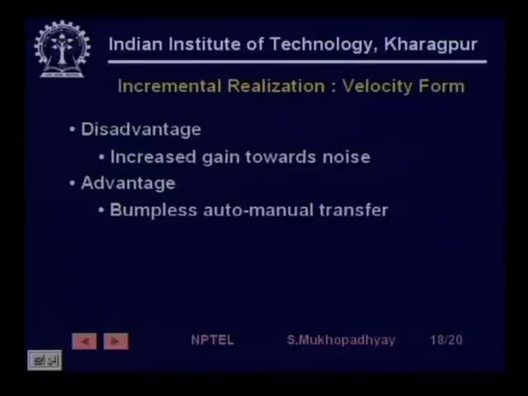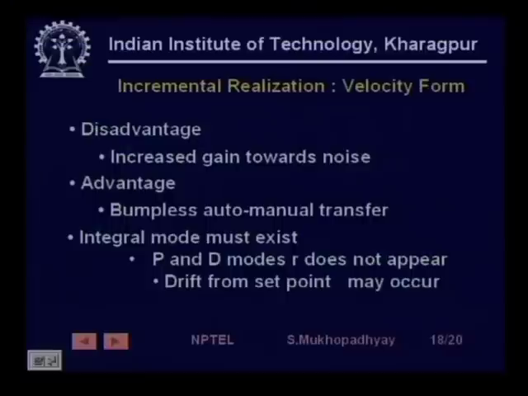So, your sampling interval should be small enough, and the advantages, as we have seen, is that it is very simply possible to give bumpless auto manual transfer, and also for some actuators it is what needs to be given.